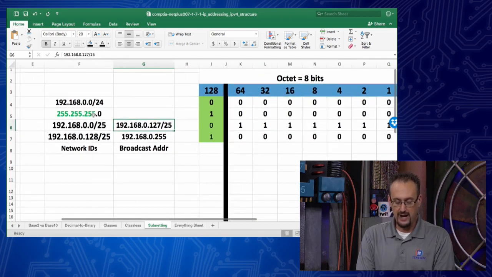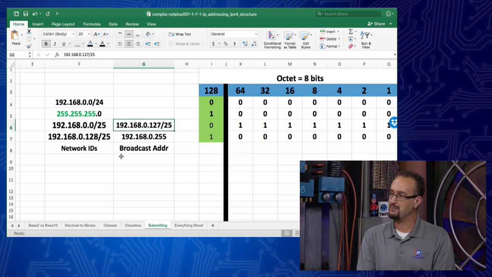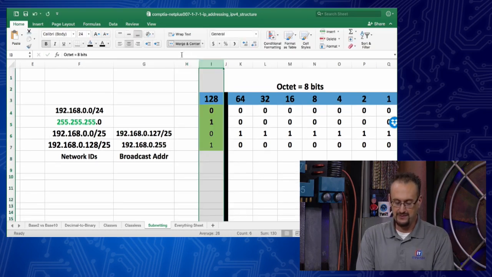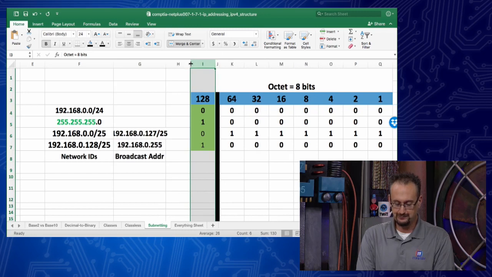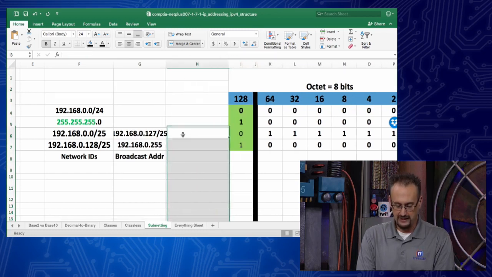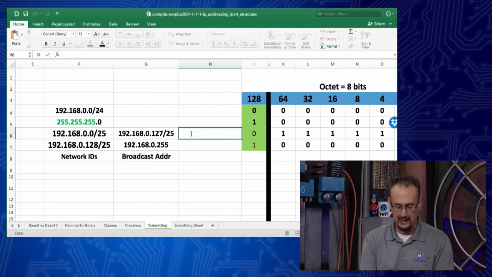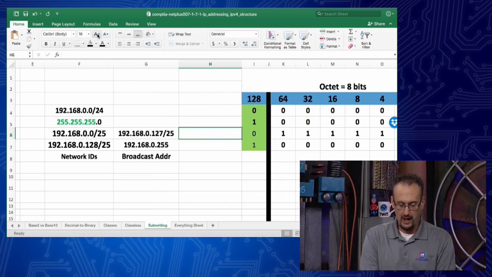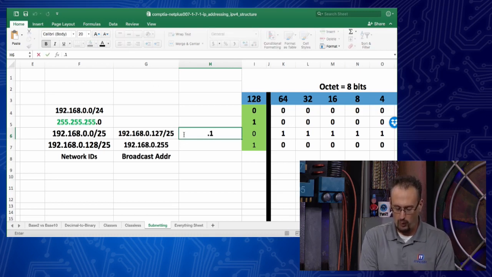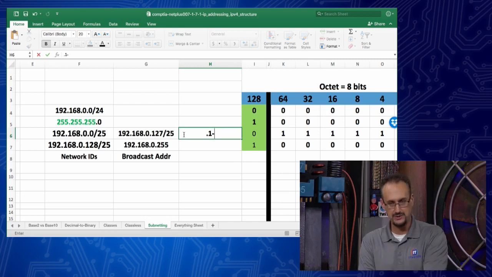So what we know now is that in between these ranges are where our IP addresses stand. And what that means for me is that within this network here, I'm going to end up having an addressable range, and we'll just look at that last octet, right? I know that I can't use the first address, so I can use .1 through, can't use the 127, that's the broadcast address, right?